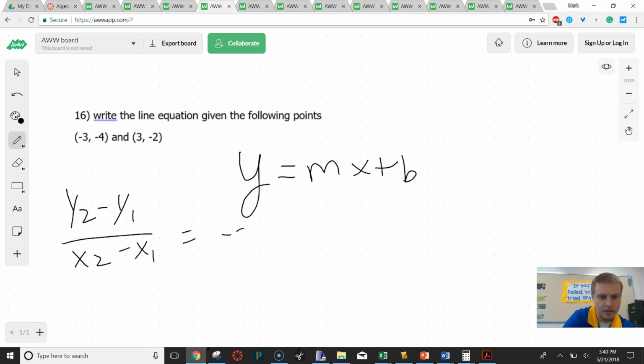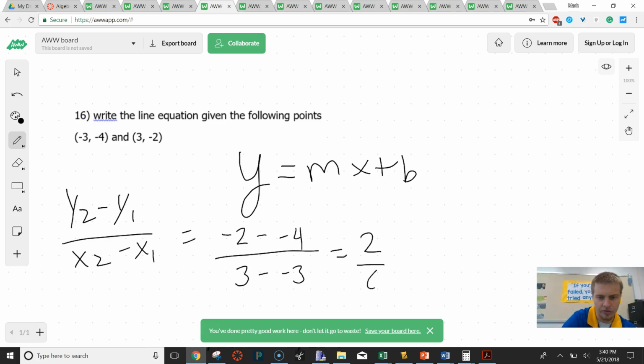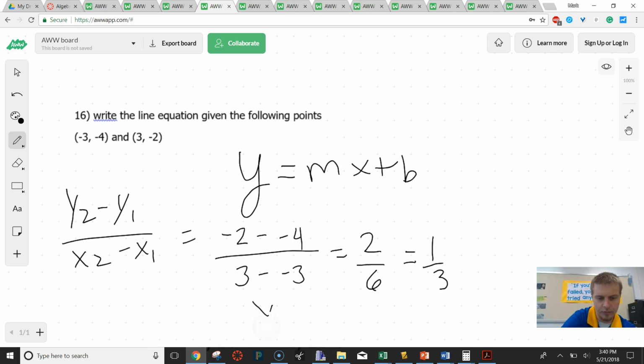So that would be negative 2 minus a negative 4 over 3 minus negative 3. And if you do that, you're going to get 2 over 6, which would reduce to 1/3. So our line would be y equals 1/3 x plus b.